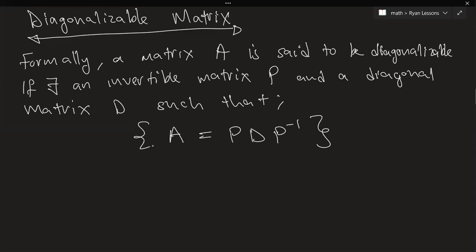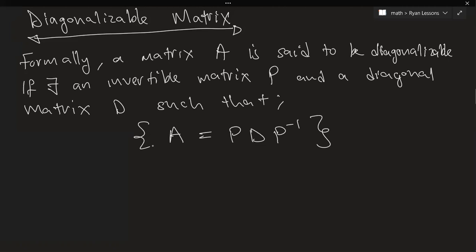If such P and D exist such that this statement holds true, then we say A is a diagonalizable matrix. That's the formal definition of diagonalizability.